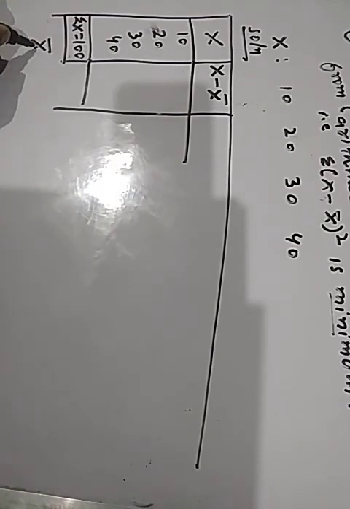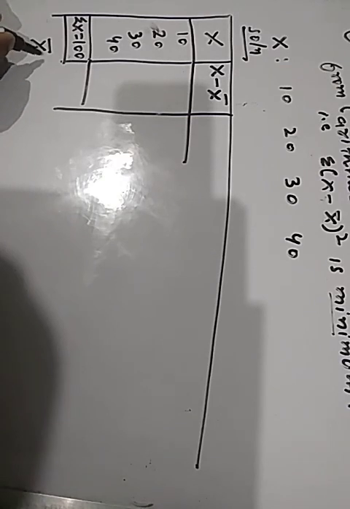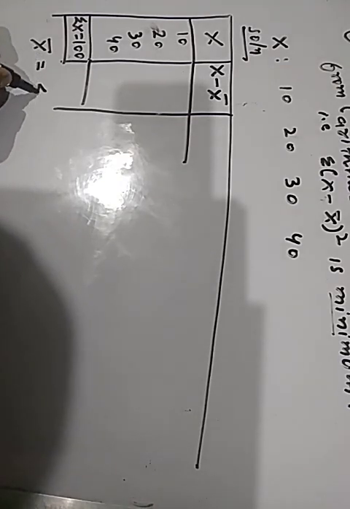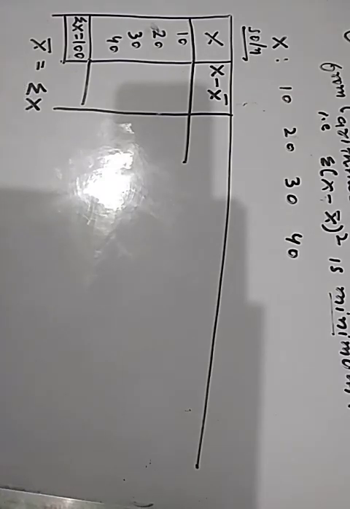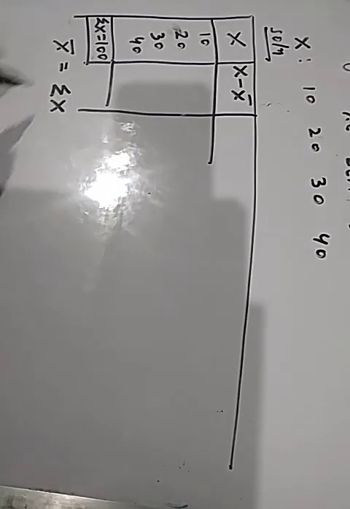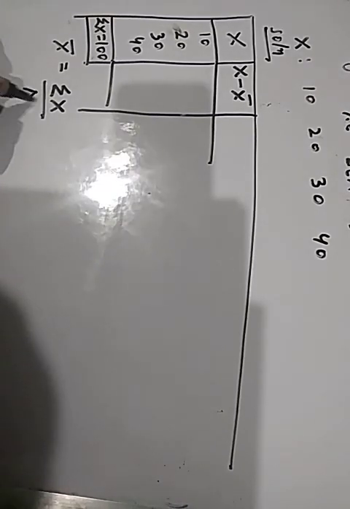Arithmetic mean in case of individual series is calculated with the help of this formula: sigma x, that is summation of values of variable x, divided by number of observations, total number of items in a given series.